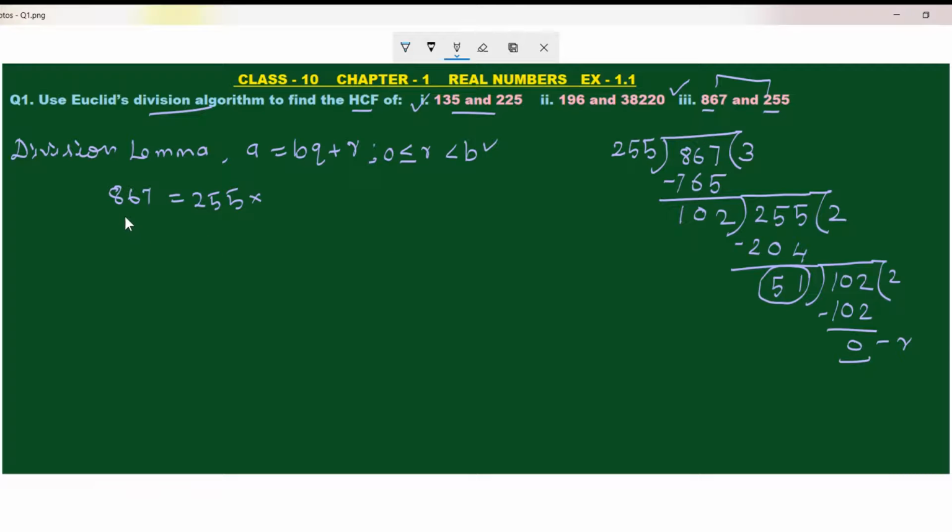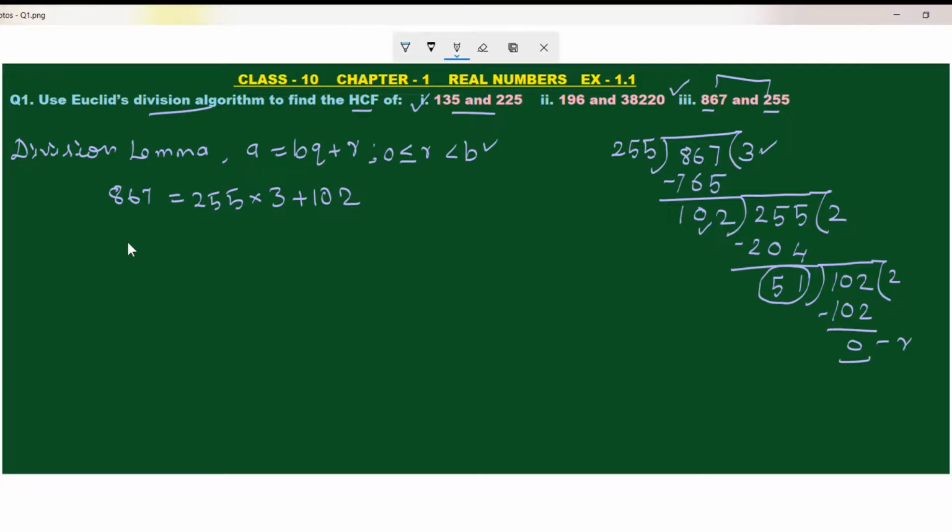We will write the steps like this, the way they have written in your book. See, 867 equals 255 times what? What is the quotient for this? This is 3, and the remainder is 102. So 3 plus 102.